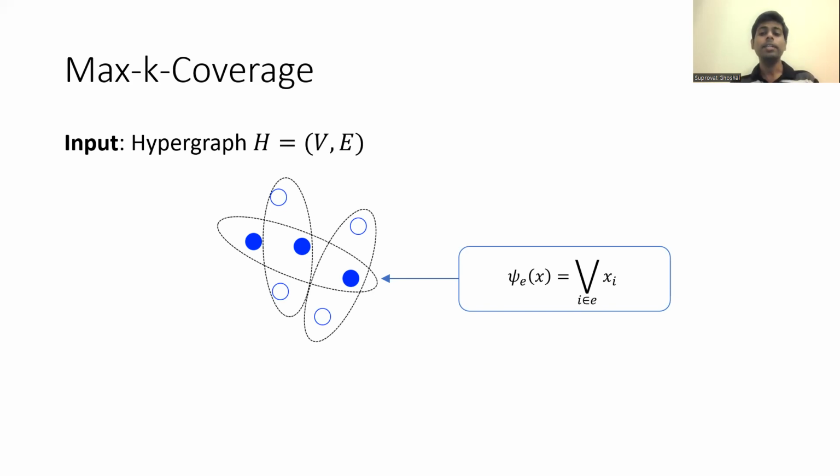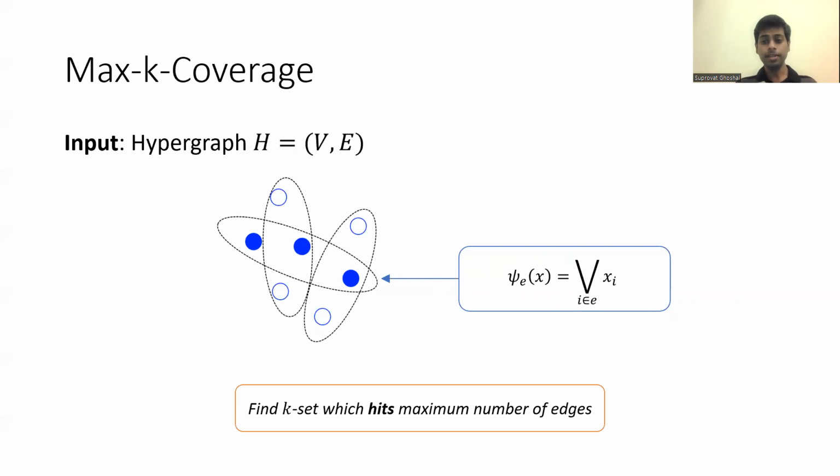Why is that? Recall that the OR formula is satisfied if and only if at least one of the inputs is 1. So this tells us that we are essentially trying to find k ones in the graph, which makes sure that as many edges as possible have at least one in their configuration.